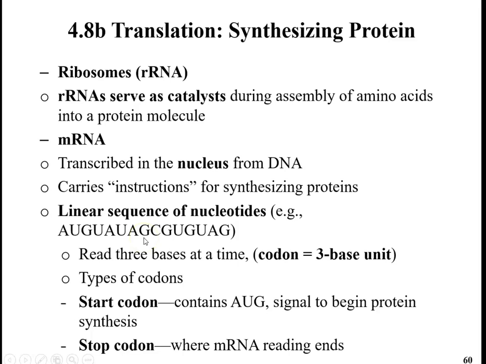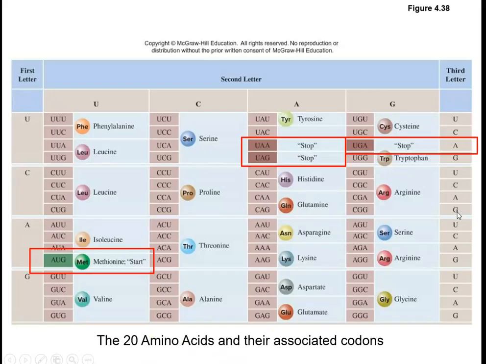There are a couple of types of codons you need to be familiar with. Most importantly is the start codon, which is AUG, and that's the signal to begin protein synthesis. And then you have the stop codons, and this is where mRNA reading ends, and I'll show you that here.